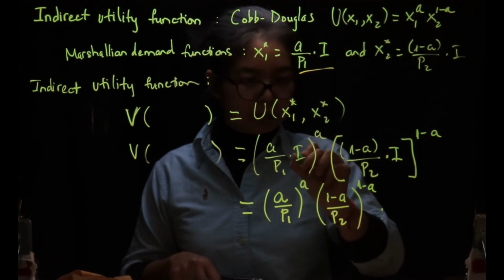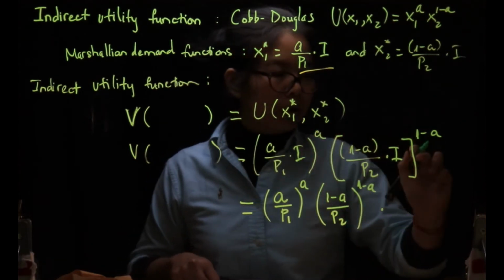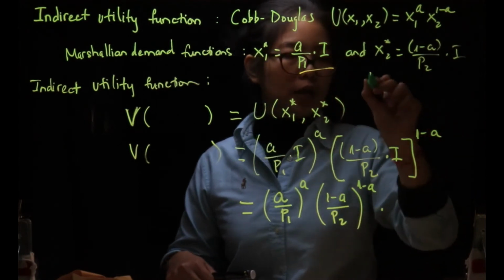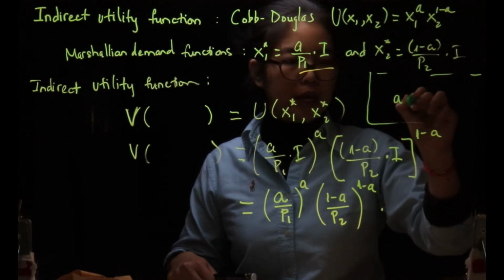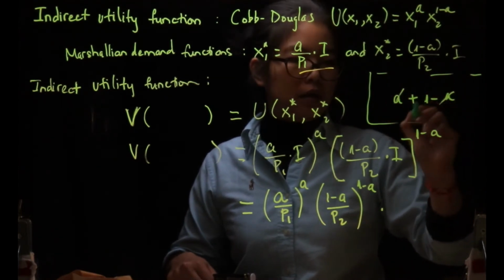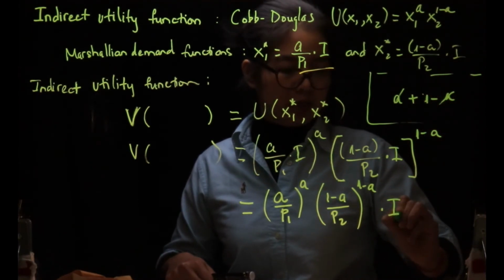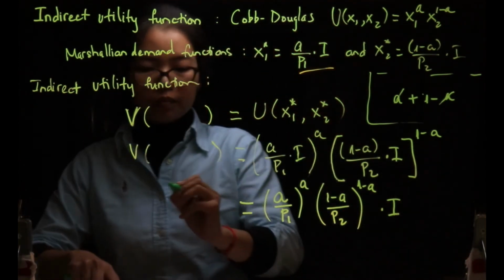I, right? So I to the power of A times I to the power of 1 minus A. What happened over there? So the exponent will be A plus 1 minus A equal 1. So at the end you have I to the power of 1, meaning I itself.